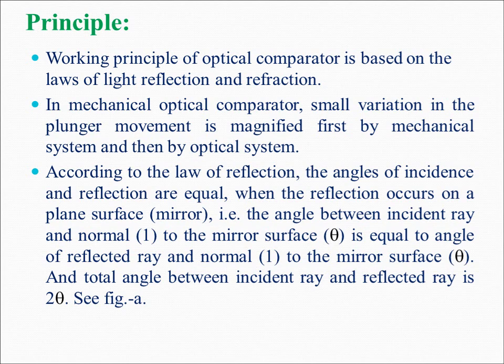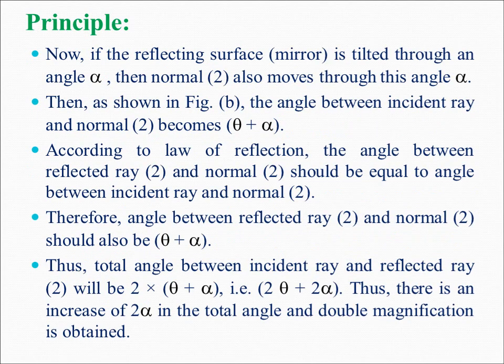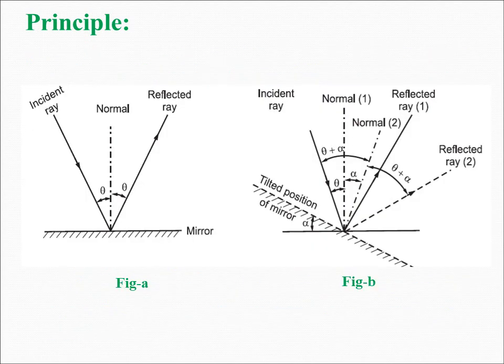According to the law of reflection, let us see the figure first. So when a ray of light is incident on a plain glass reflector such as a mirror at an angle theta to the perpendicular normal, then the incident ray is reflected at an angle theta to the normal.